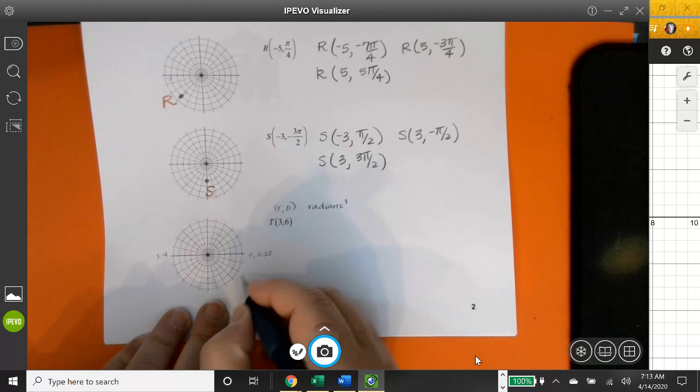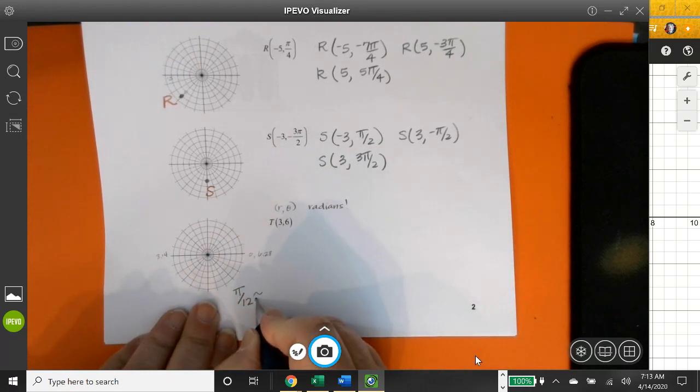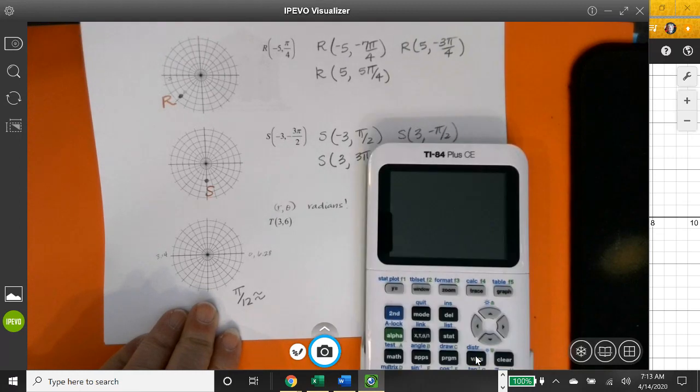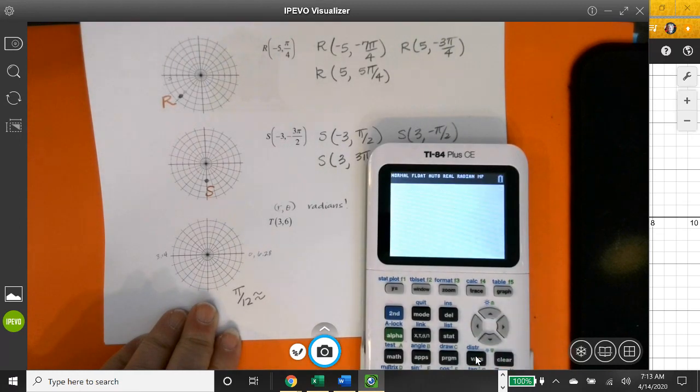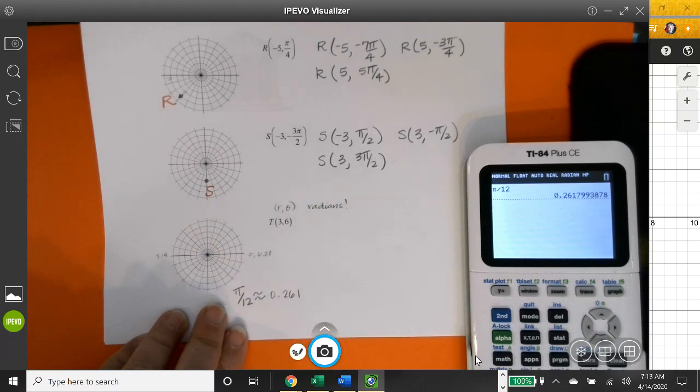And it's helpful to know also that pi over 12 is about, if you were to do it on your calculator, let's pull my calculator out here. Second pi divided by 12, I get about 0.261 radians.